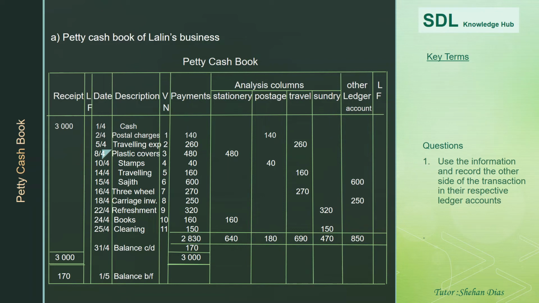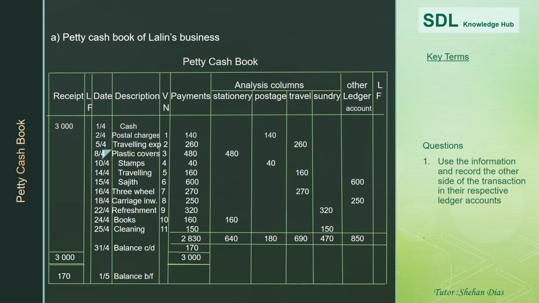So this will come under the other ledger account for 600. Similarly, carriage inwards, that is bringing stock into the organization, is an expense. So this is not a travel expense, but this is bringing the stock into the organization. So that will go in the other ledger account as 250.